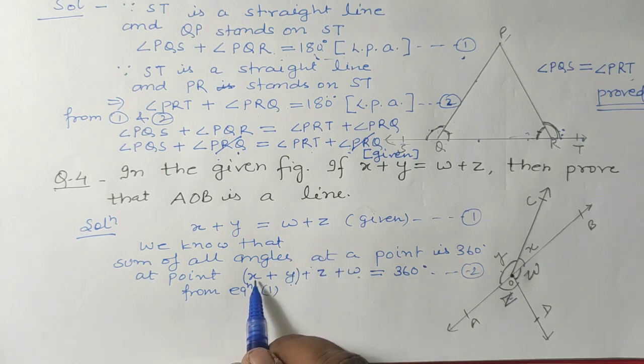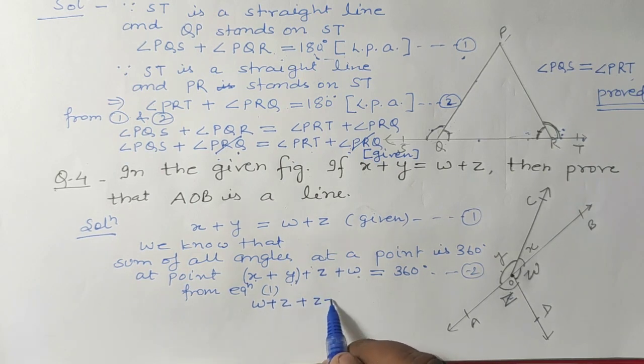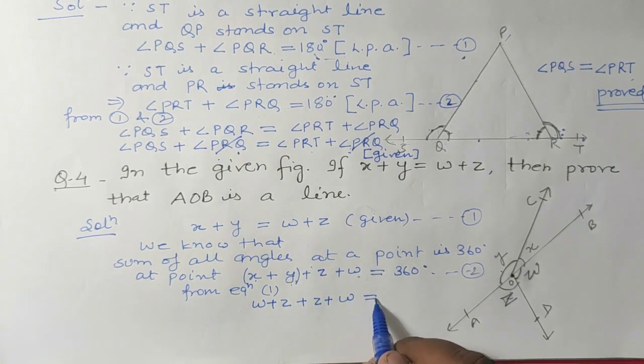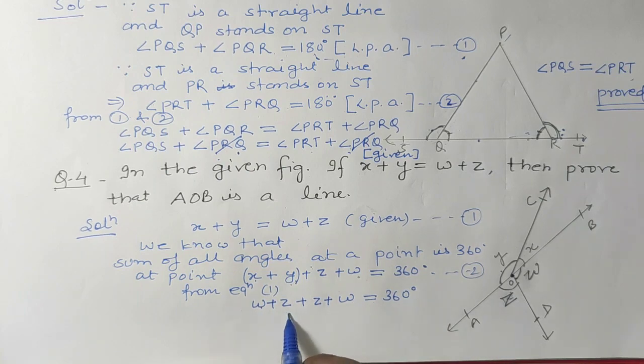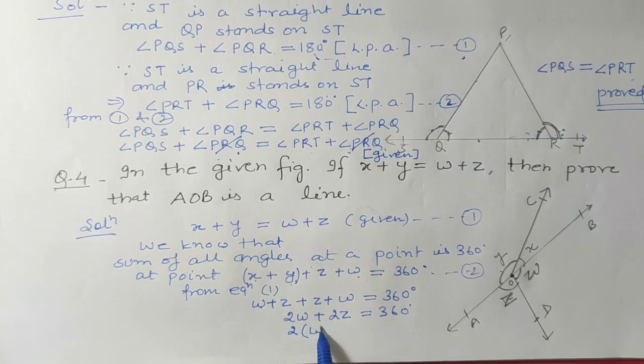So let us put w plus z in place of x plus y, and here also it is z plus w is equal to 360 degrees. Now w plus w, 2w, and z plus z, 2z, is equal to 360 degrees. Let us take 2 as common, so what is left? W plus z is equal to 360 degrees.